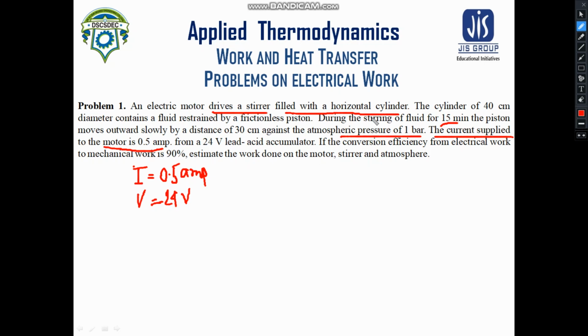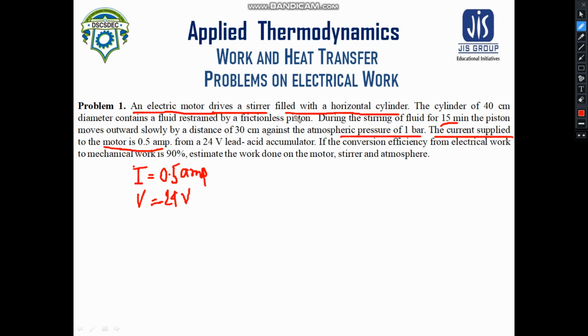So what does it mean? Just refer to the first line. An electric motor drives a stirrer filled with a horizontal cylinder. What does it mean? That means the energy which is being generated by the electrical motor is being supplied to the stirrer to create the stirring motion.